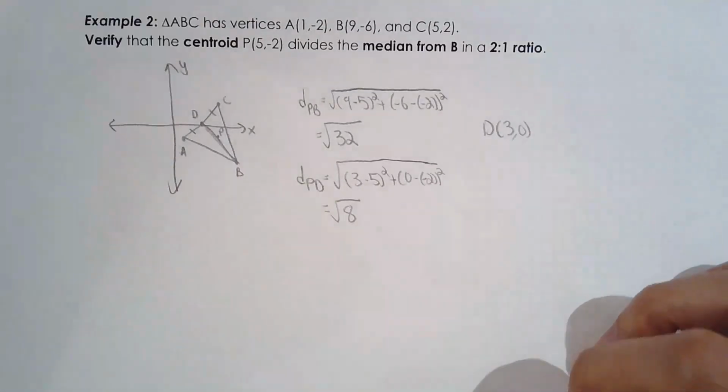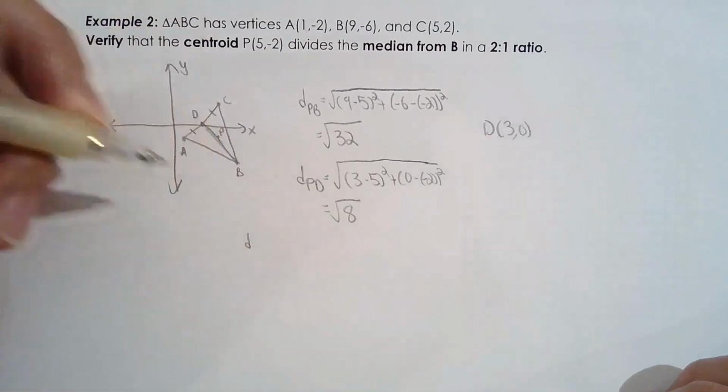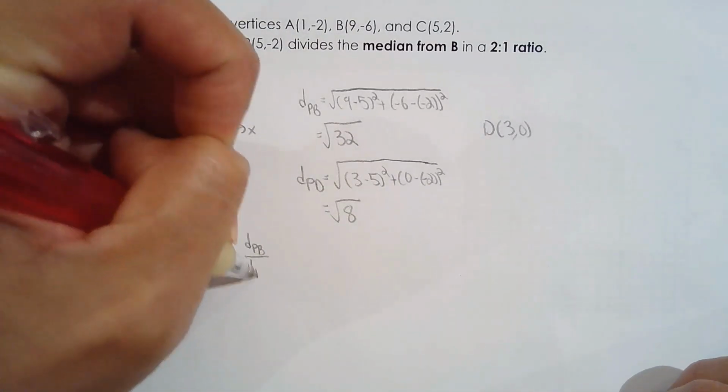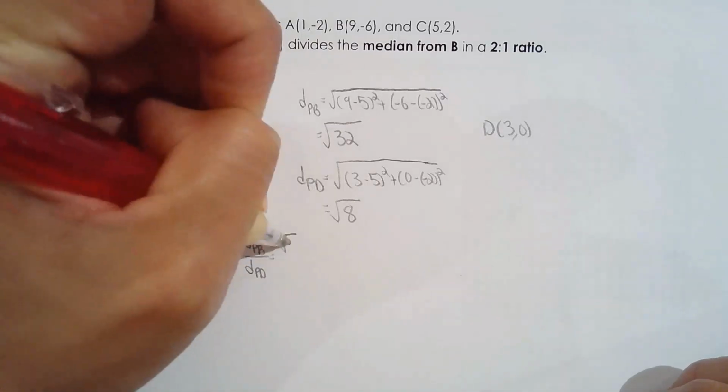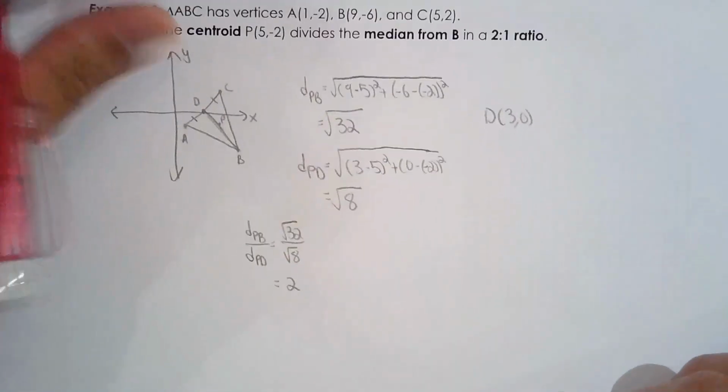Okay, unfortunately, we don't know how to work with square roots very well. So what I'm going to do is take root 32 and divide by root 8. And if you use your calculator, you'll see it's 2.